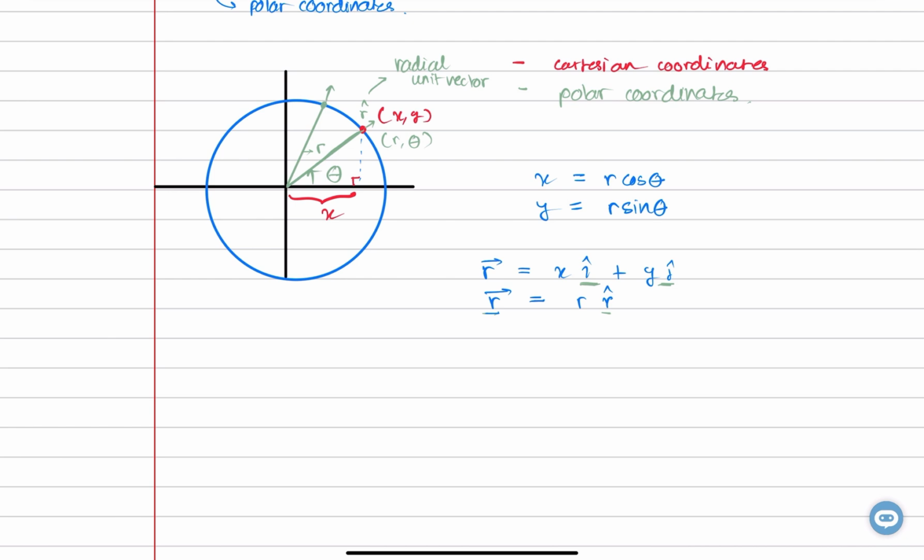Now, one more thing to notice here is that the radial unit vector depends on the position vector, as I mentioned before, but it is also a function of theta, right?